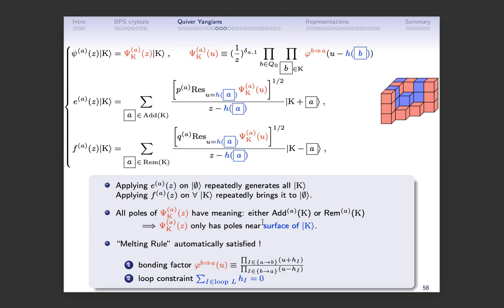Then you see that for this to work, the bonding factor has to be chosen this way. It's a bonding factor from B to A. So you look at your quiver diagram: for each arrow from B to A, contribute a denominator, and for each arrow from A back to B, contribute a numerator. And then we still need this loop constraint for this melting rule to work.